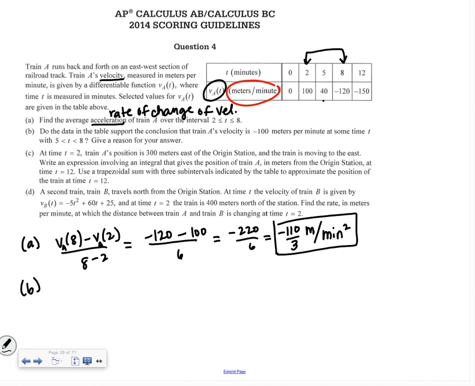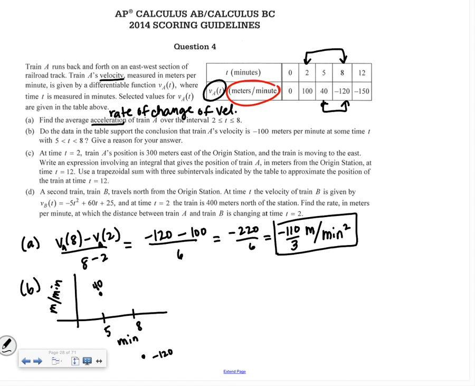So between 5 and 8, what we're saying is that at 5, we are at a height of 40, and at 8, we're at a height of negative 120. So our velocity goes from 40 to negative 120.